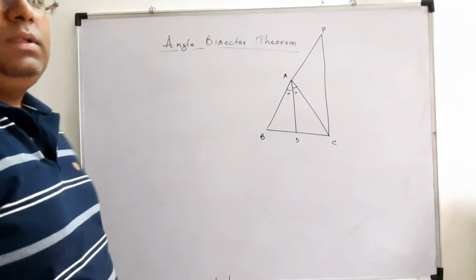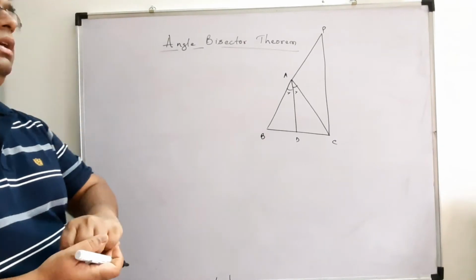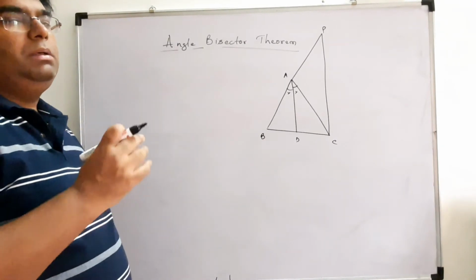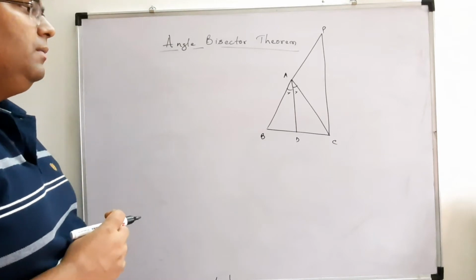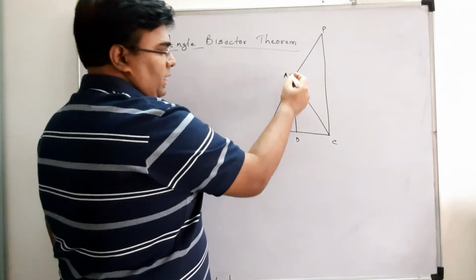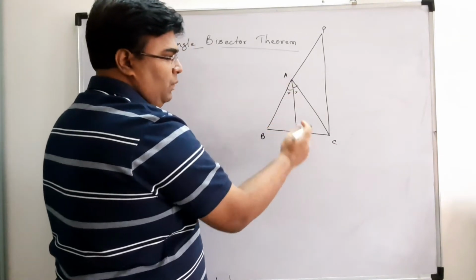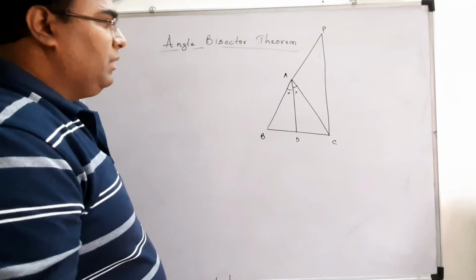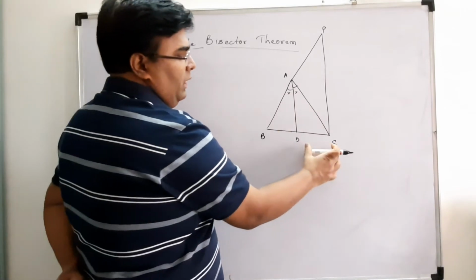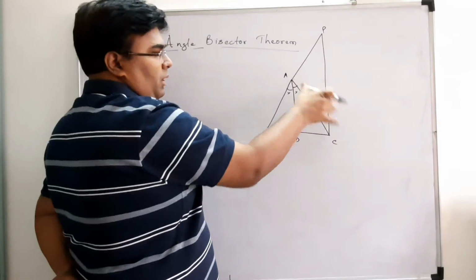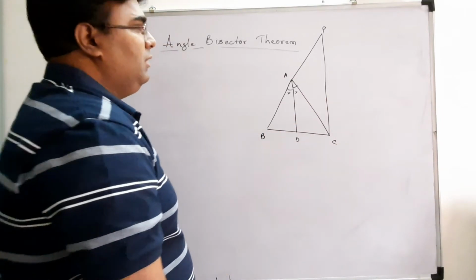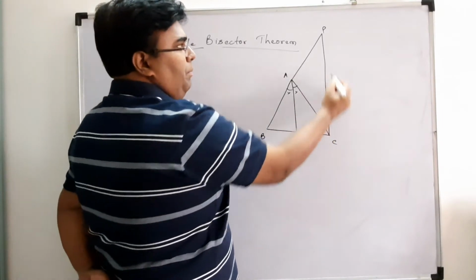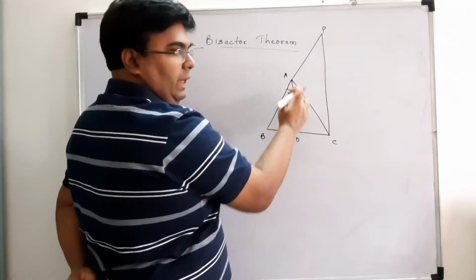Now let us prove this angle bisector theorem using BPT and some other properties of triangles. I have drawn the same triangle ABC, and AD is the angle bisector, and we need to prove BD upon DC is equal to BA upon AC. What I have done is I have drawn CP parallel to AD.